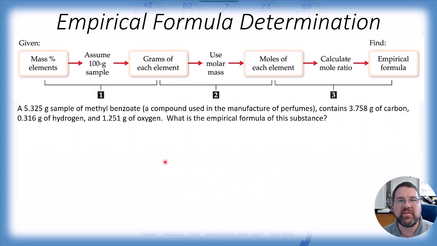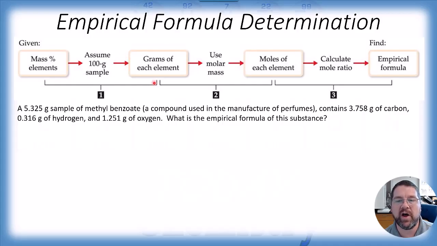So if we take a look at this example, a 5.325 gram sample of methyl benzoate, which is a compound used in the manufacturing of perfumes, contains 3.758 grams of carbon, 0.316 grams of hydrogen, and 1.251 grams of oxygen. The question is, what is the empirical formula of this substance? Here we are given grams, so we don't have to make the initial statement because we're already in grams.